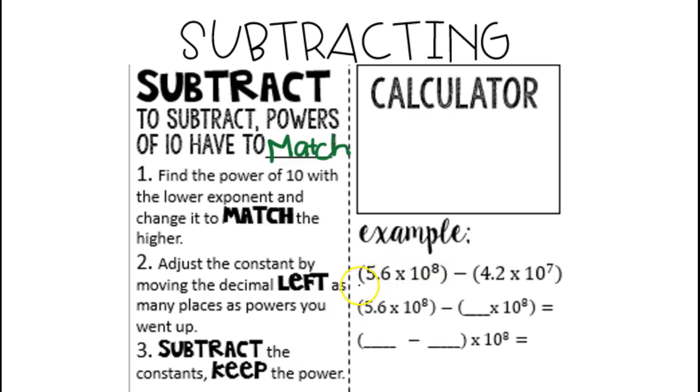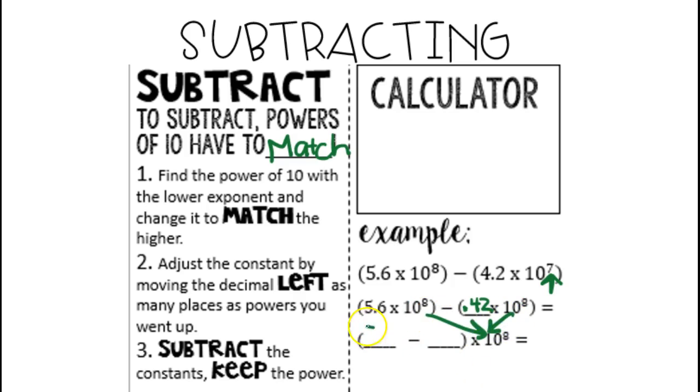So in this case, 5.6 times 10 to the 8th minus 4.2 times 10 to the 7th. 10 to the 7th is the lower exponent, and we need to change that so that it matches 10 to the 8th power. So 4.2 times 10 to the 7th is the same thing as 0.42 times 10 to the 8th power.